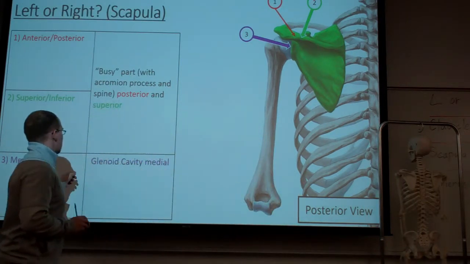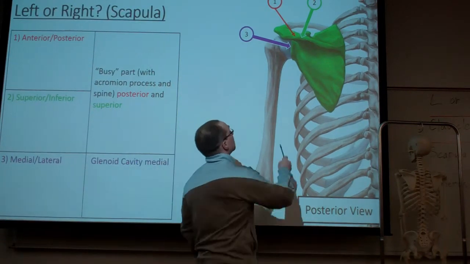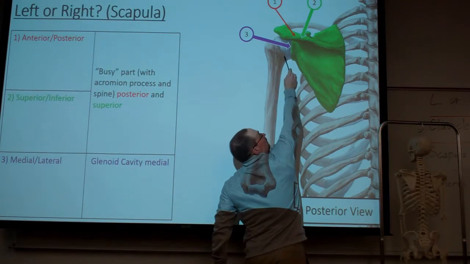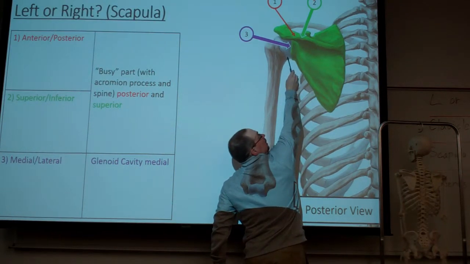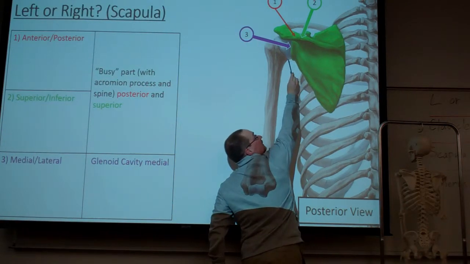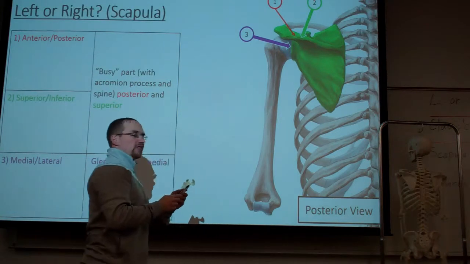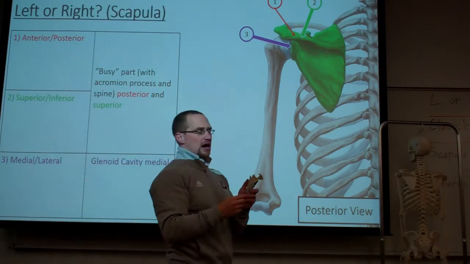Now thirdly, we know that that glenoid cavity is medial. So you take a look up here. Your humerus is going to articulate with the glenoid cavity, and your arm is on the outside, it's more lateral to your scapula. So we know that the glenoid cavity needs to point out laterally.